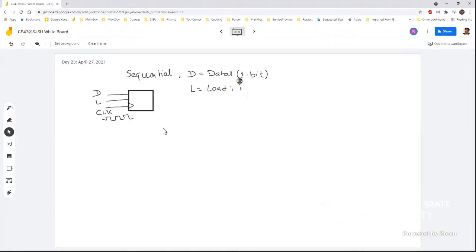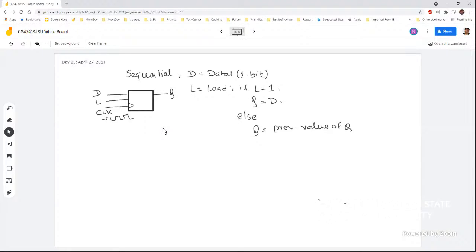So if L equals 1, then the output bit, let's name it Q, is D. Else, Q is the previous value of Q. So in a sense, if there is no load, if load is not equal to 1, it preserves whatever is stored inside this component.